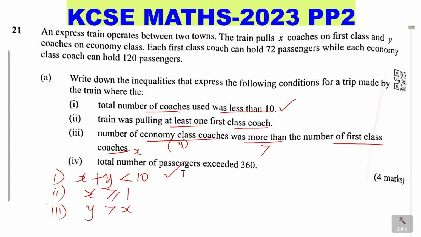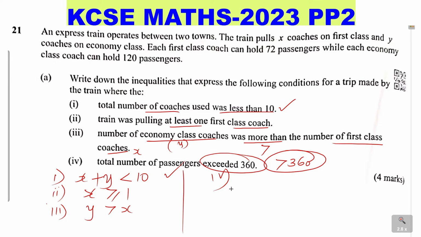Then Roman 4, total number of passengers exceeded 360. Exceeding 360 means should be greater than 360. That is the meaning of exceeded, should be greater than 360. So how do you get the number of passengers? Now let's start with the total number of passengers for x coaches.